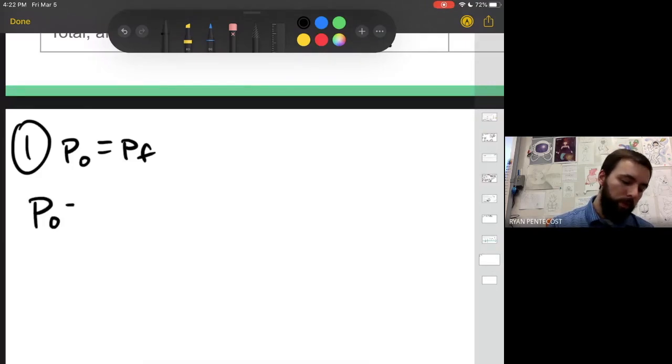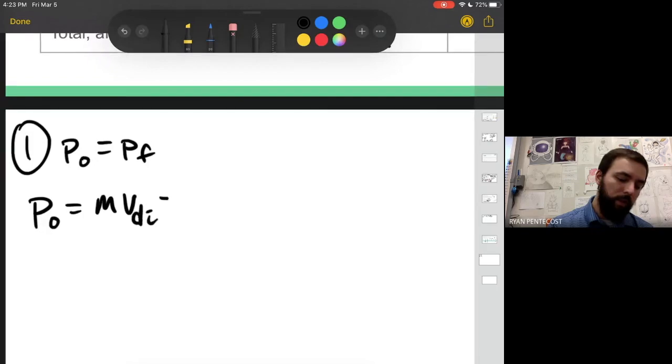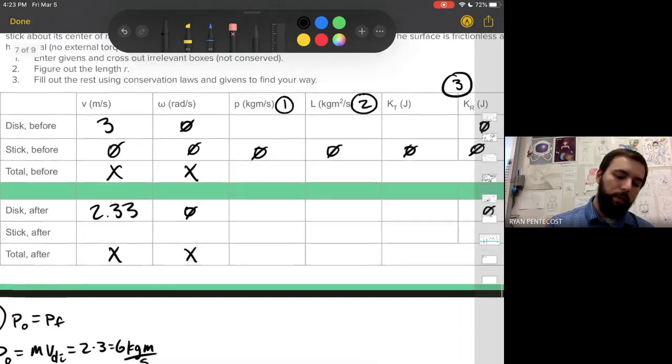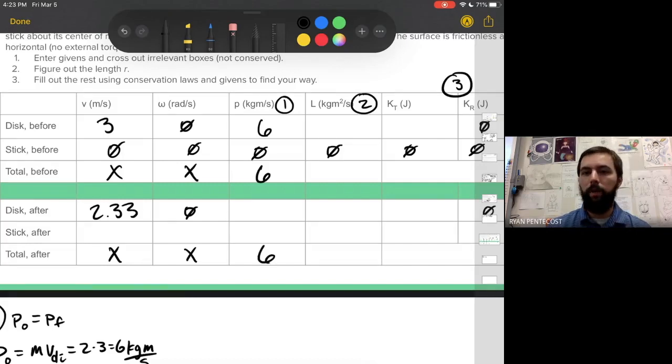P initial is the mass of the disk times the velocity of the disk, which is 2 times 3, which is 6 kilogram meters per second. So that 6 goes right here. You can total that up right now and know that that is 6 right there. And since momentum is conserved, that 6 will also go down here.